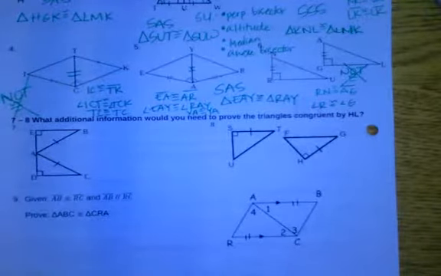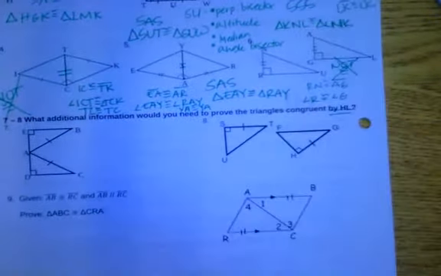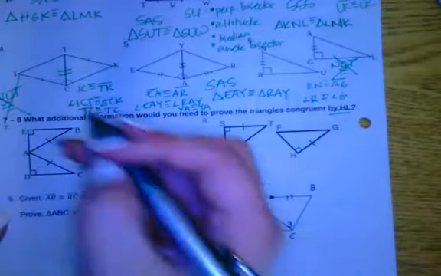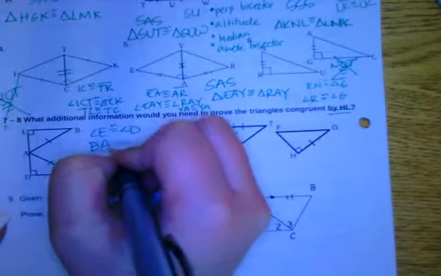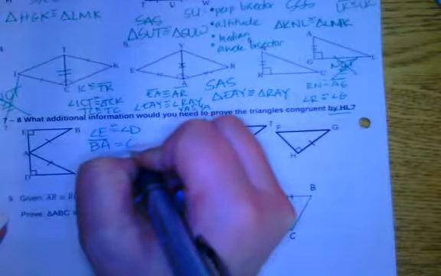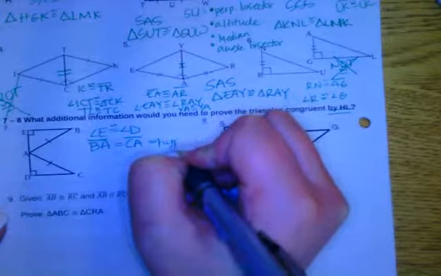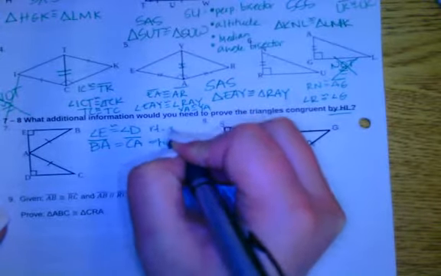Okay, so you need hypotenuse leg here. Currently you have angle E is congruent to angle D. You have BA is congruent to CA, and what side does that represent? Your hypotenuse. So what are you missing here? You have the right angle, you have the hypotenuse, so you need a leg. It doesn't necessarily matter which one, you just need to give me a pair of legs.